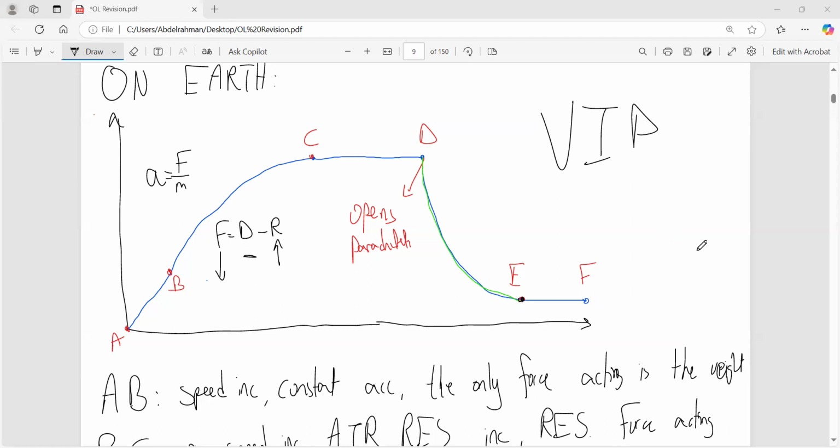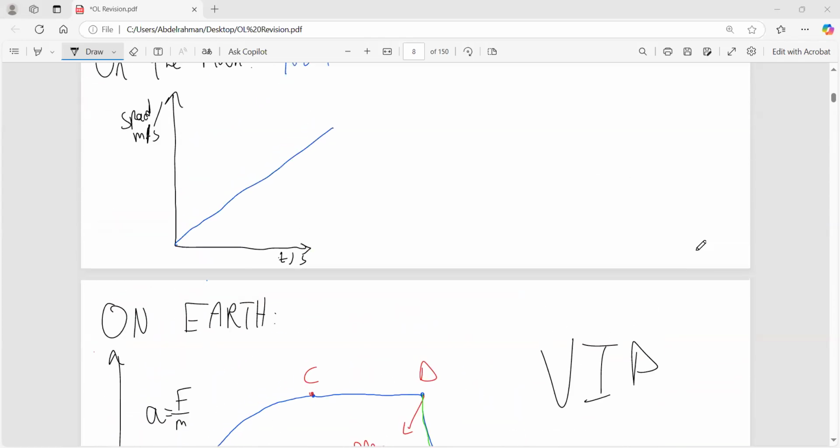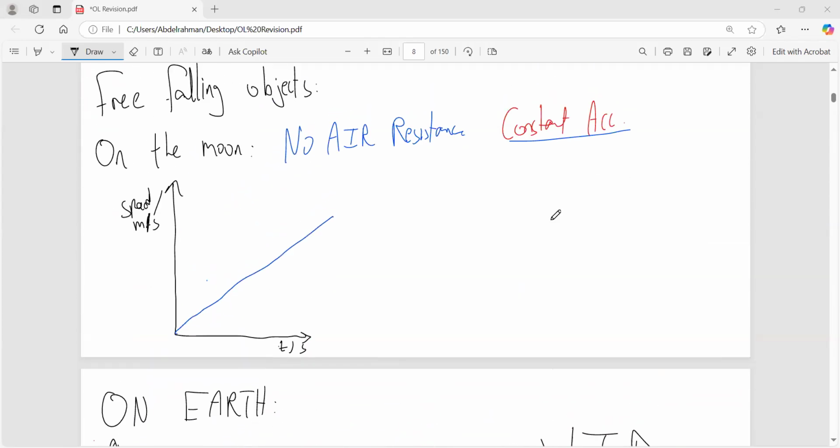Quite quickly, this is the graph for an object, or a man, jumping from a plane with air resistance. Definitely, if there was no air resistance, what would have happened? We would have drawn it in this way. Why?